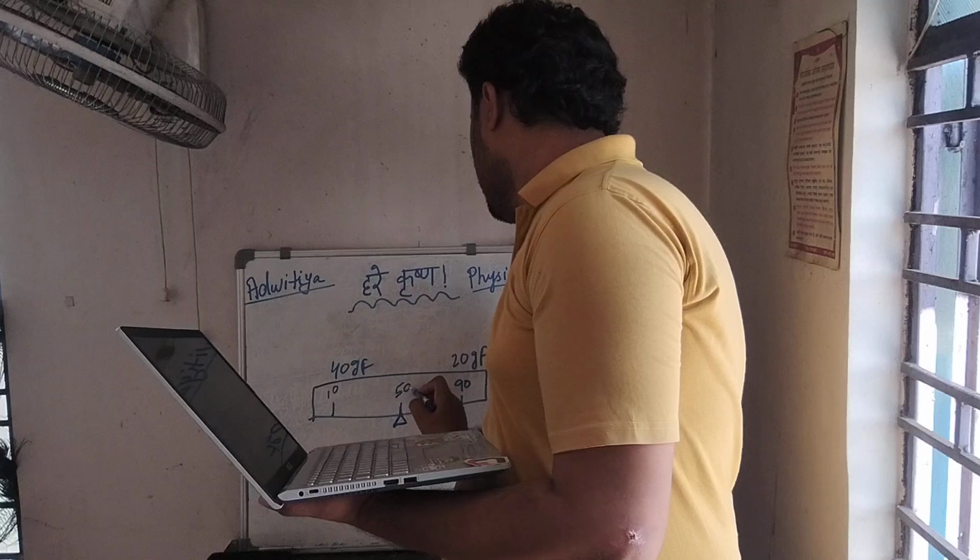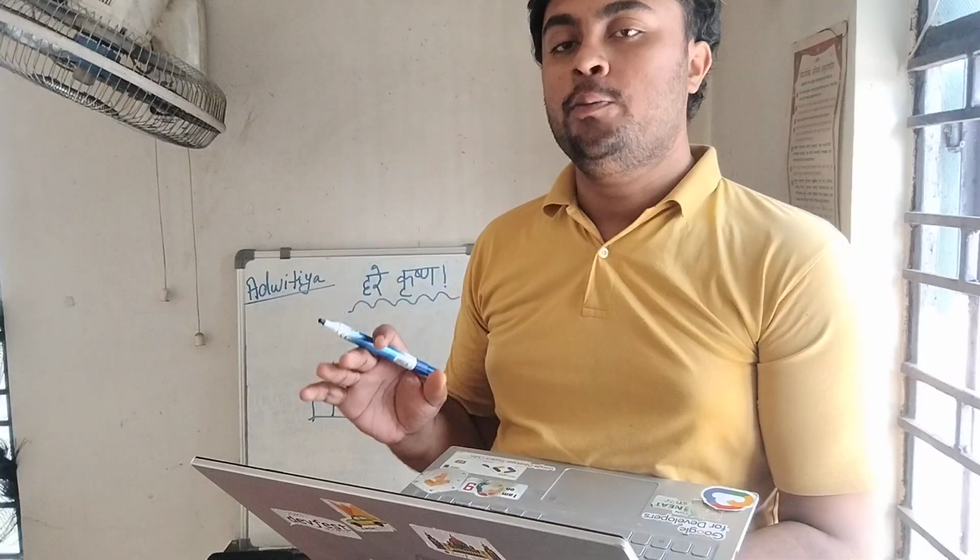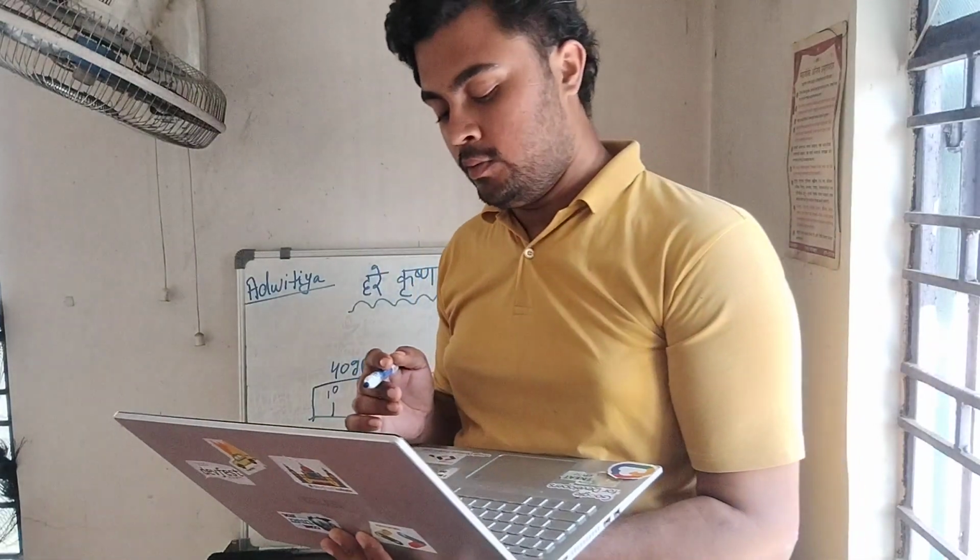Now first of all we need to know when a body is in equilibrium. The body is said to be in equilibrium if the anti-clockwise moment is equal to the clockwise moment. Net moment is 0, then only the body is said to be in equilibrium.